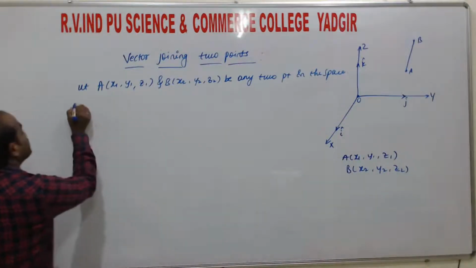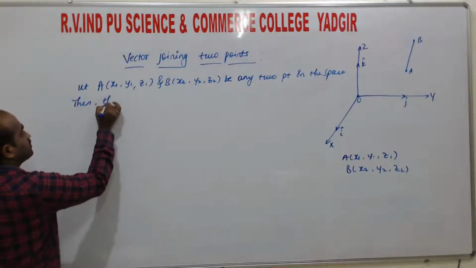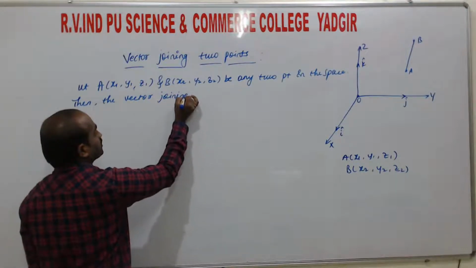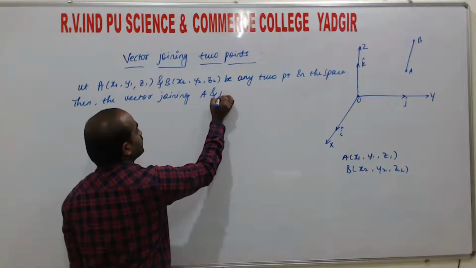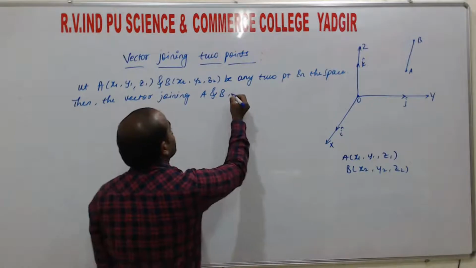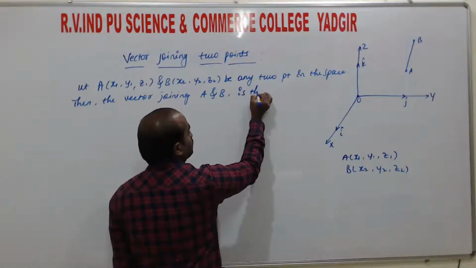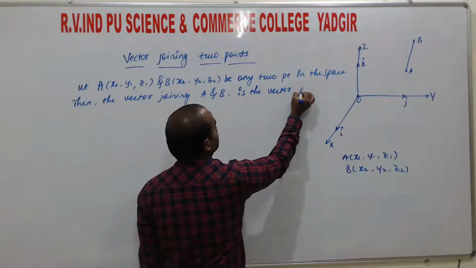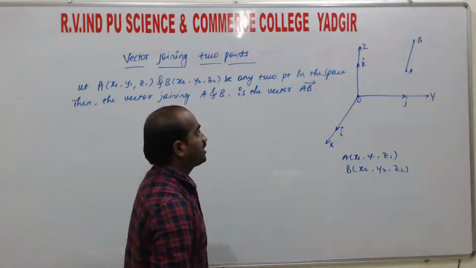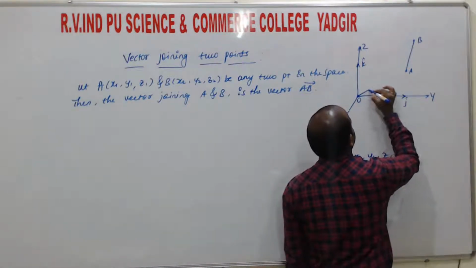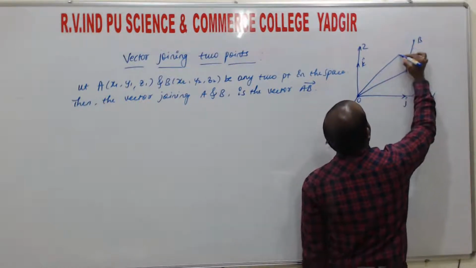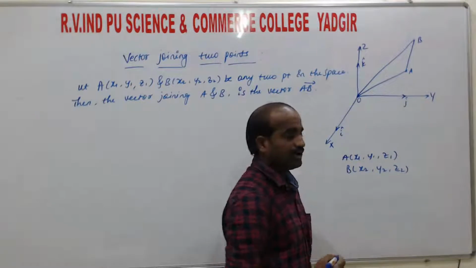Then the vector joining A and B is the vector AB vector. Next, join OA and OB.